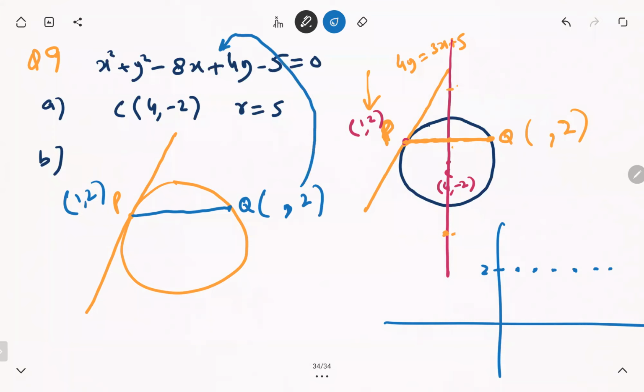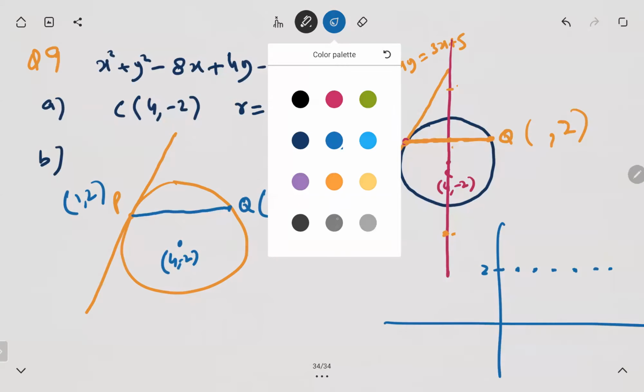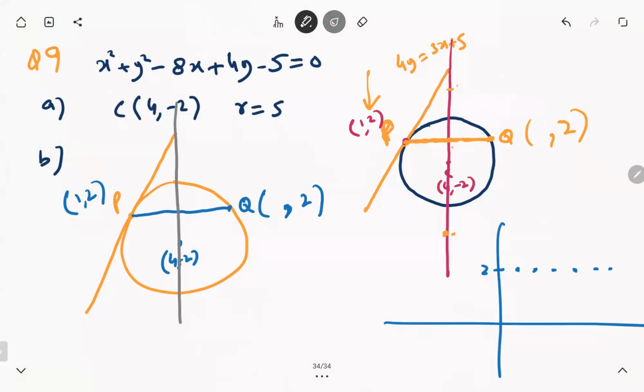This is one way. And the other way, you know the coordinates of the center: 4, minus 2. If I draw the vertical line here, on a vertical line the X coordinate stays the same. So at that mid value, the X coordinate will be 4.